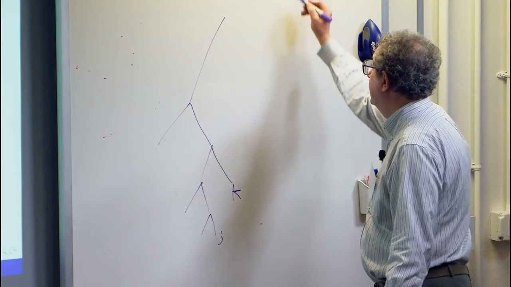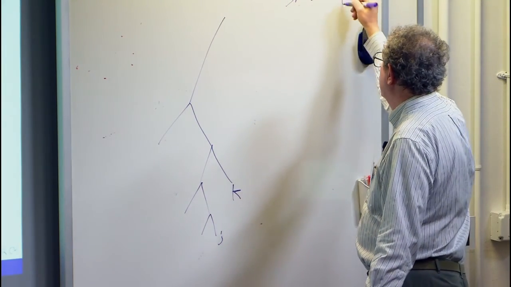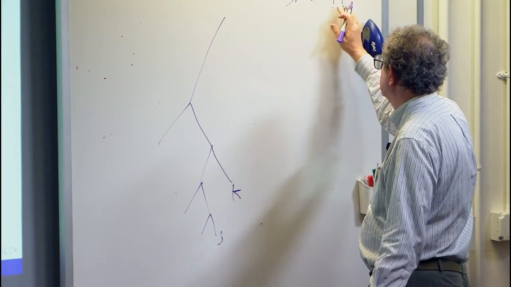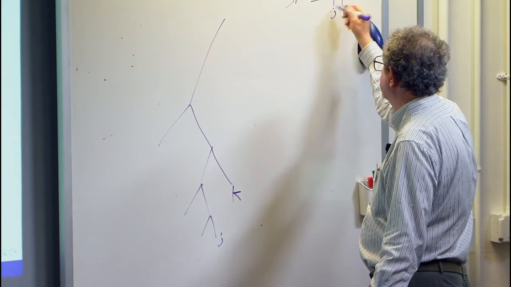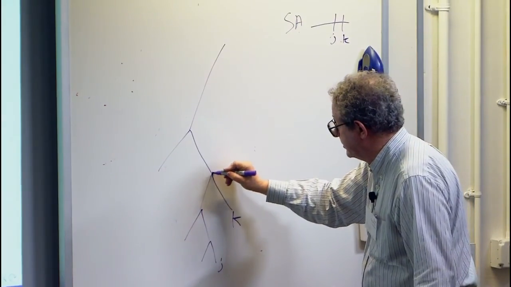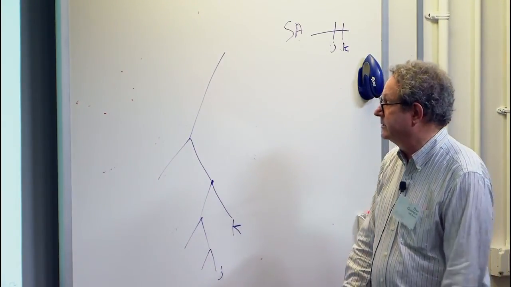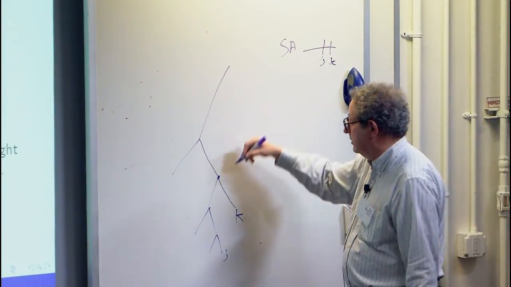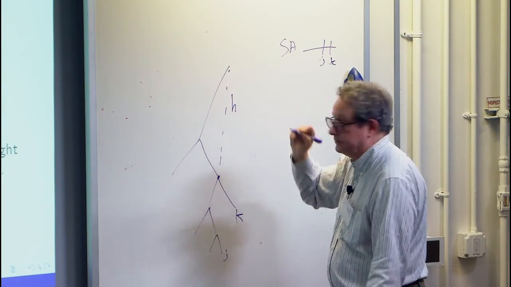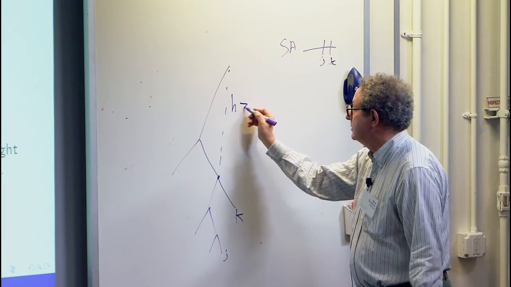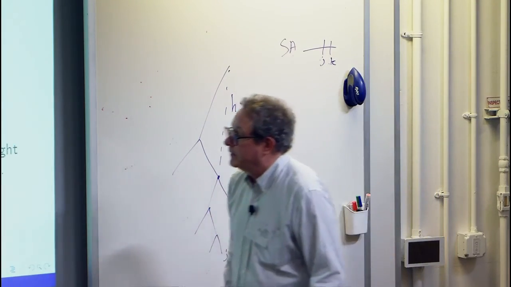So in the suffix array, we have j and its predecessor. We have k, and its predecessor is j. And here's this, is depth h. Okay? So that's the picture we're looking at.